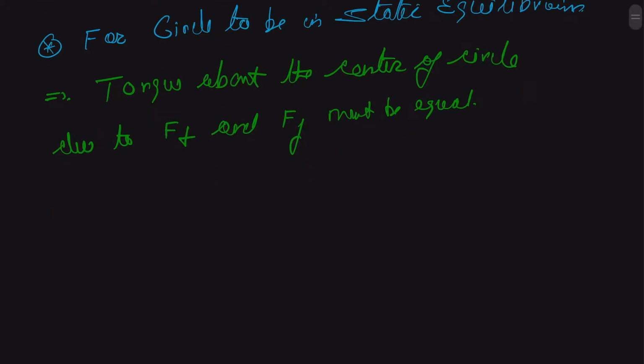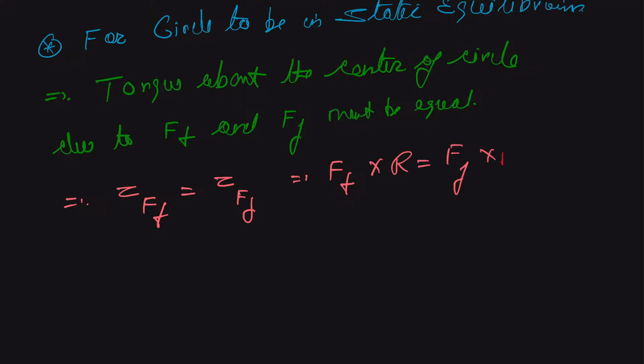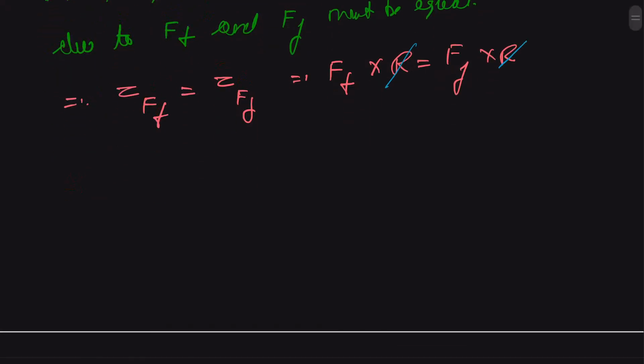In terms of equation, we can write torque because of the tangential friction should be equal to torque because of the other friction. And torque we know is force into lever arm. So first, the tangential force is F_t, that is the frictional force, and the lever arm is R, and on the other side the lever arm is also R. So this R and R cancel out.